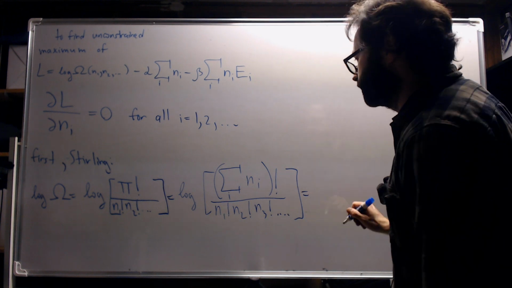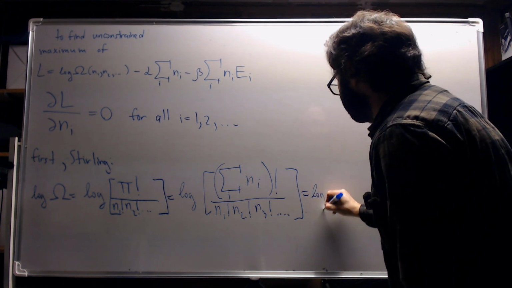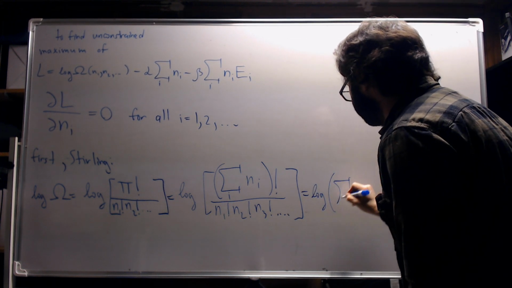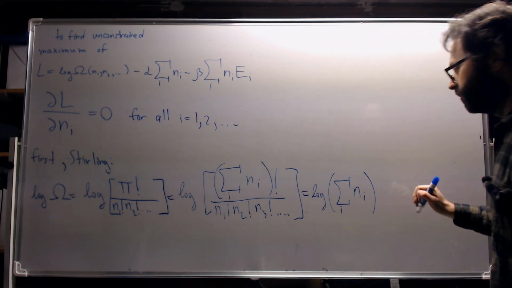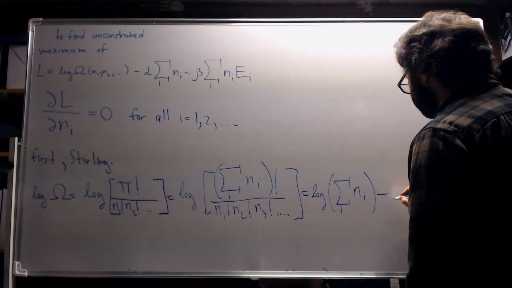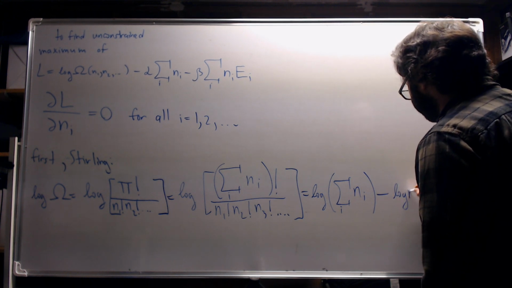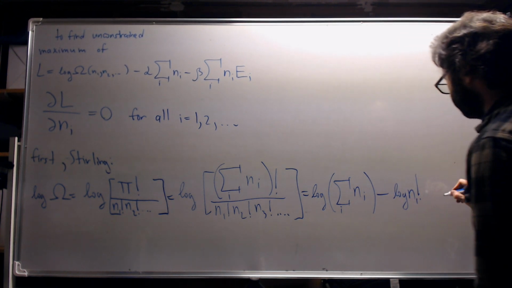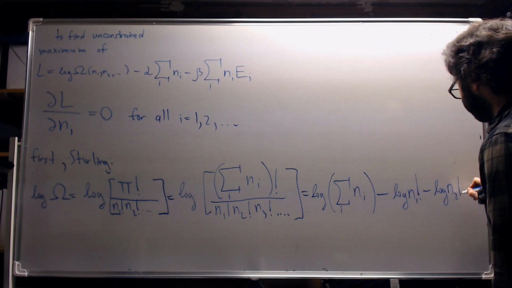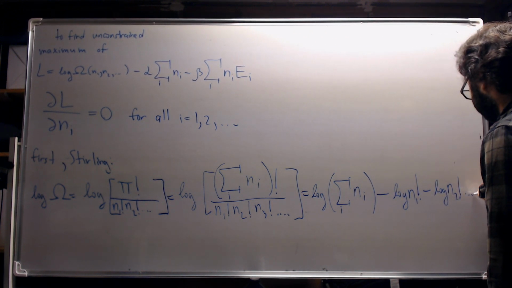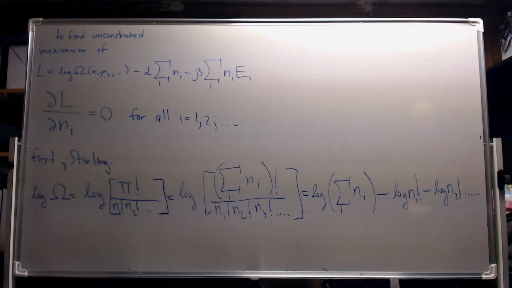And so this thing is going to look like log of the numerator minus the log of n1 factorial minus the log of n2 factorial, and so on, minus all of them.